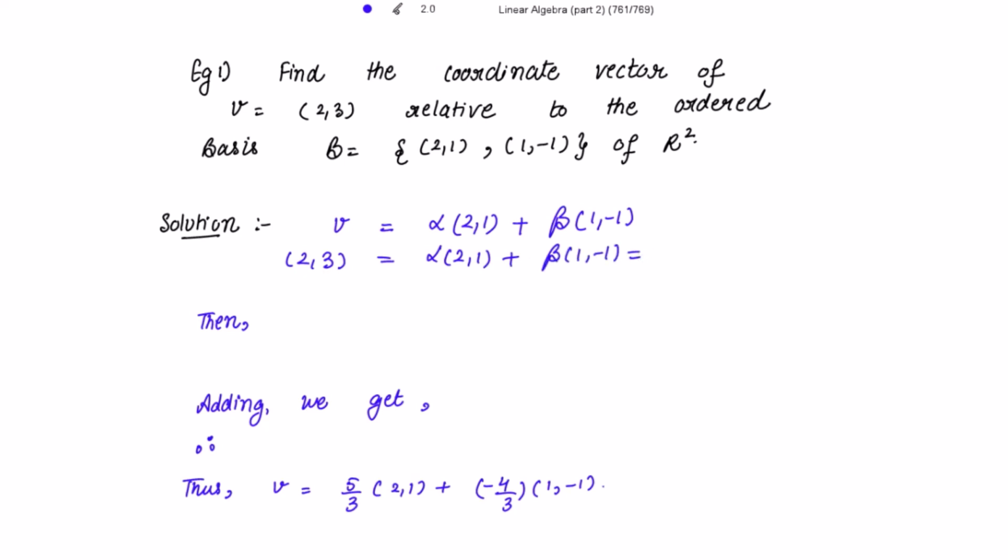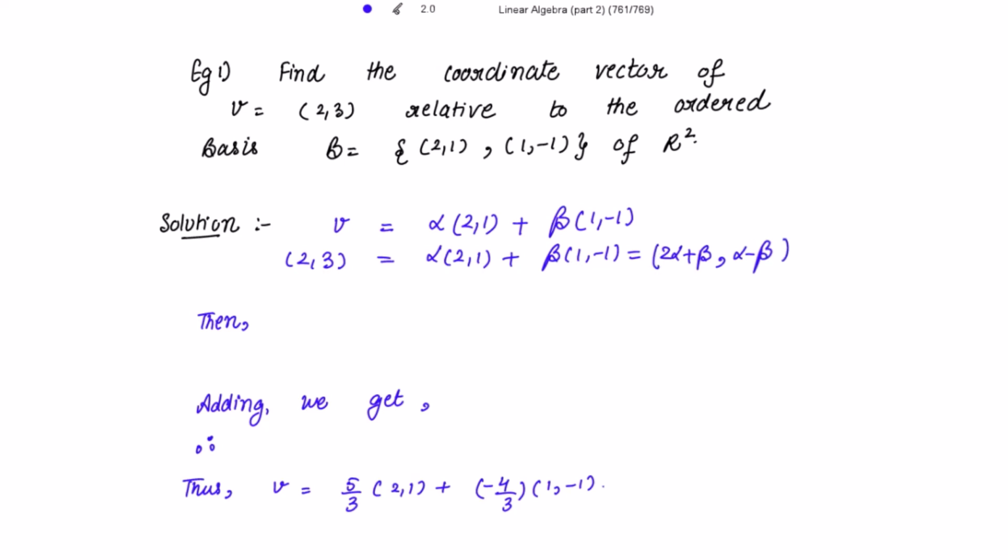So this is further equal to, if you add them, 2 alpha from here plus beta. So this is 2 alpha plus beta, and then alpha plus negative 1 into beta, that is negative beta. So that is alpha minus beta.